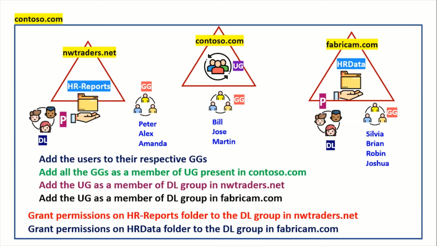So in this manner, all the users will be able to access both the folders in different domains. And this strategy is called AGU-DLP or IGU-DLA.